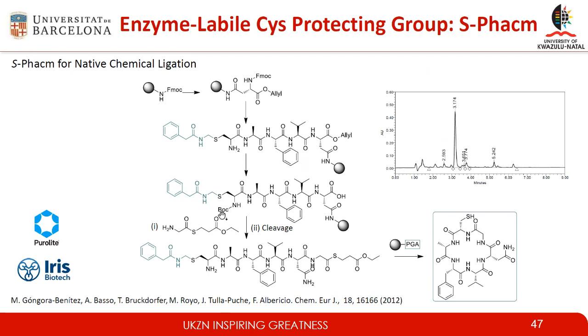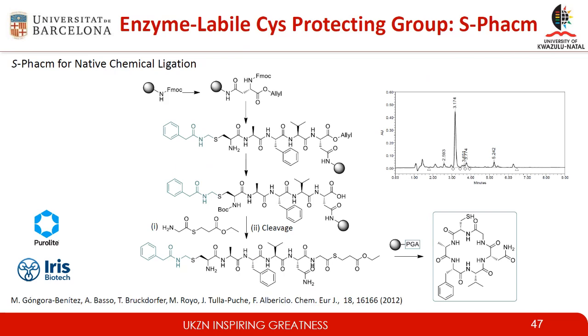We introduce our glycine with a thioester. When we have this, we remove the PHACM very mildly, and we perform the native chemical ligation, giving this nice cyclic peptide. This means PHACM is also very valid for native chemical ligation if we have to protect one of the cysteines.